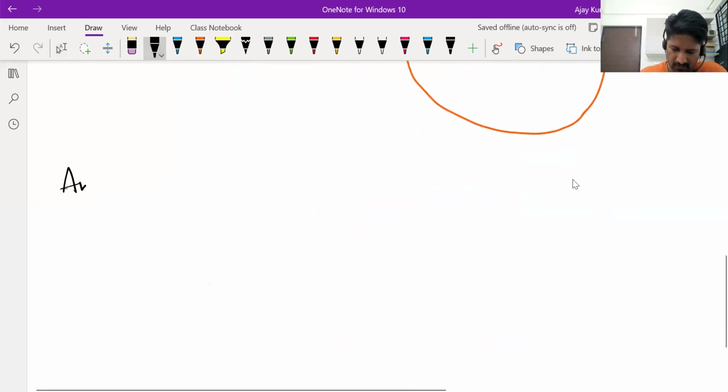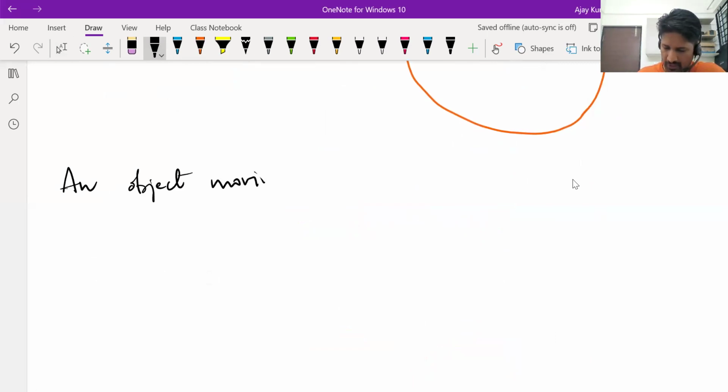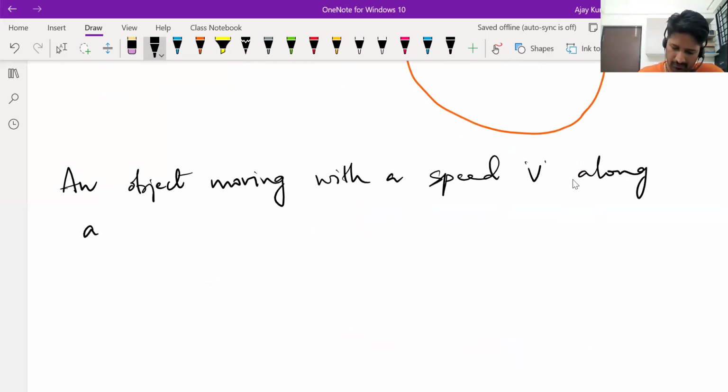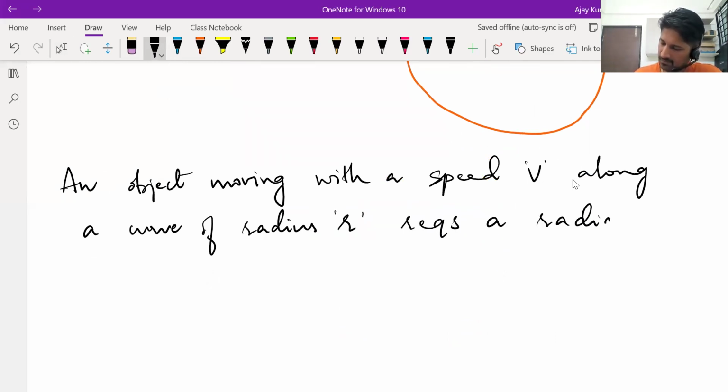An object moving with a speed v along a curve of radius r requires a radial acceleration of v square divided by r.